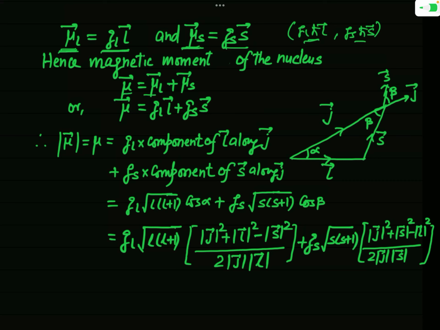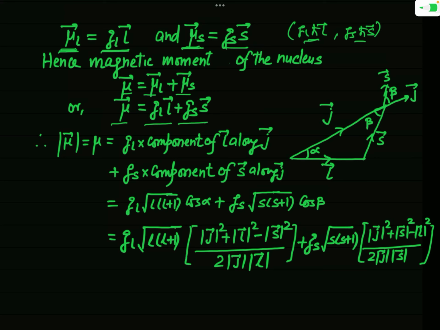Mu equals mu L plus mu S. Now substitute the values of mu L and mu S. You can write mu is equal to GL times L plus GS times S.